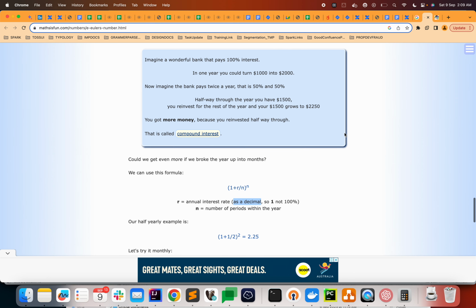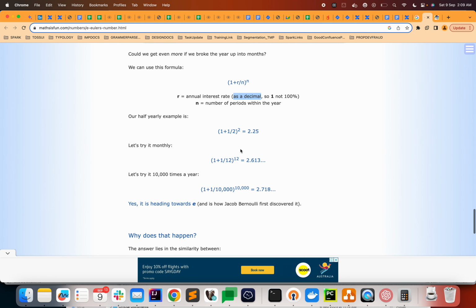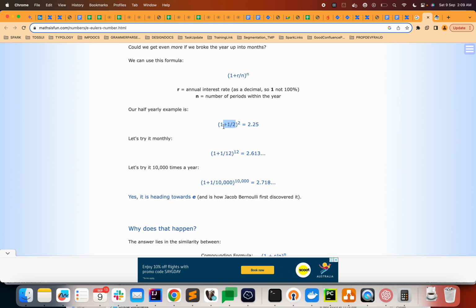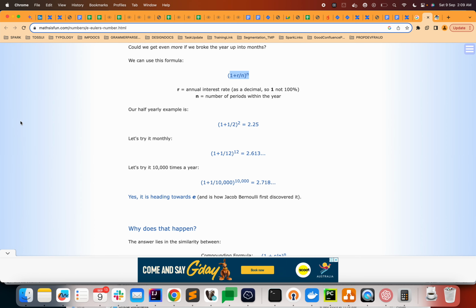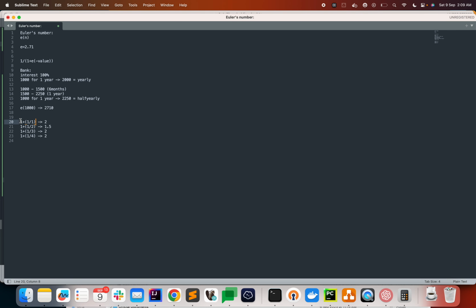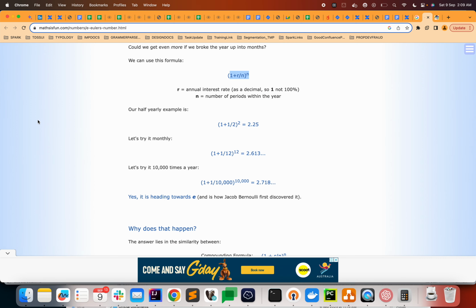Let me go through it. Yeah, if it is r by n, the whole power n, that's the formula. R by n, this is the common interest formula, 1 plus r by n, whole power n.